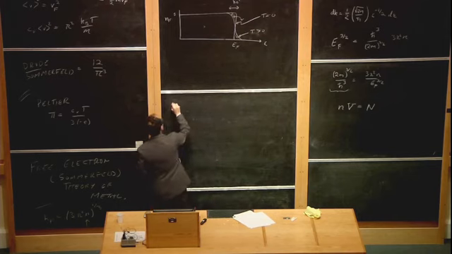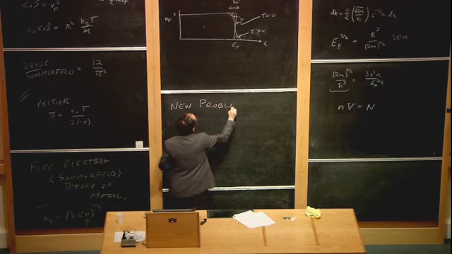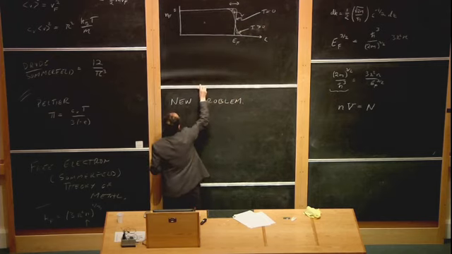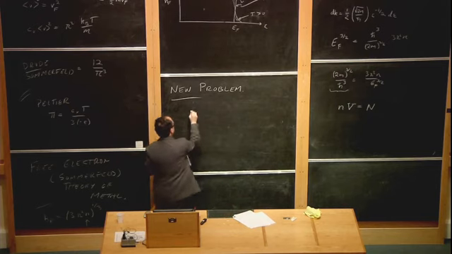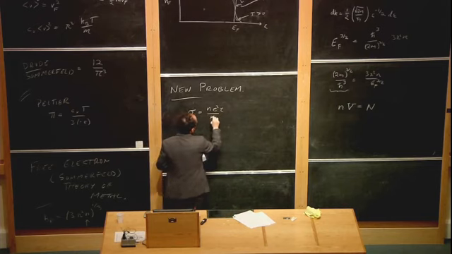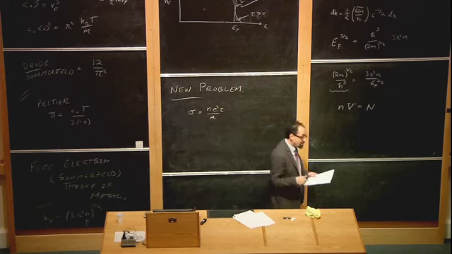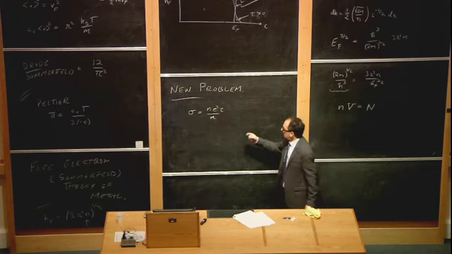But unfortunately, as with all things, he introduced a new problem. What's the new problem? Well, okay, let's go back and remember the conductivity expression, N e squared tau over m. That's still the same result in Sommerfeld theory.